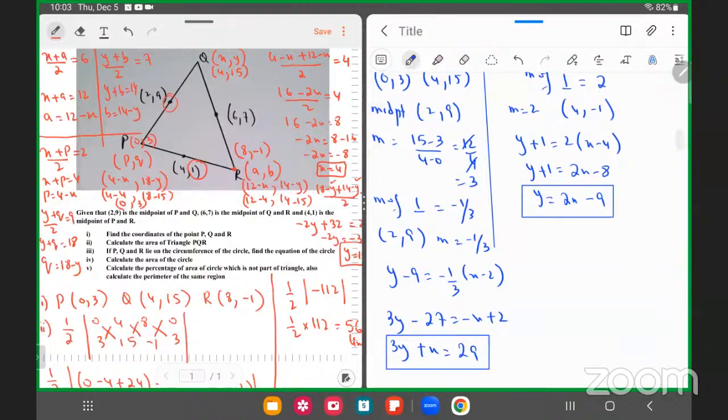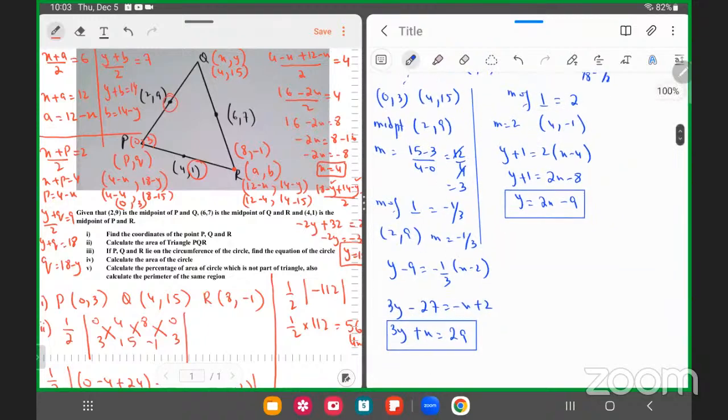So now I have the two equations of the perpendicular bisectors. I will use these two equations to find the center of the circle. The point of intersection of the perpendicular bisectors will be the center of the circle. So 3y plus x is 29. I will substitute this y in this: 3 times (2x minus 9) plus x is 29. 6x minus 27 plus x is 29. 7x is 29 plus 27, that is 56.